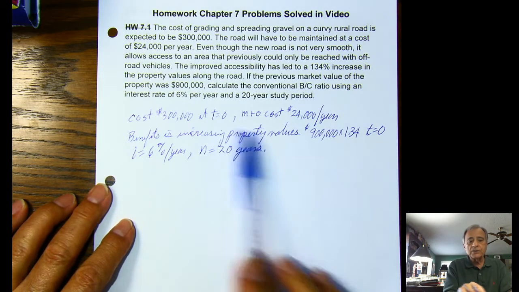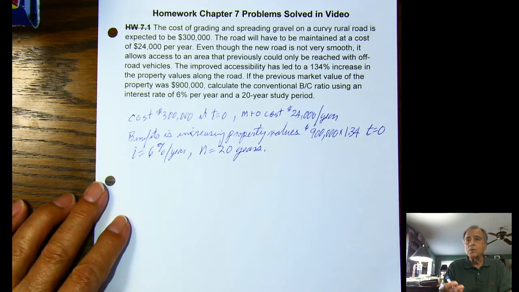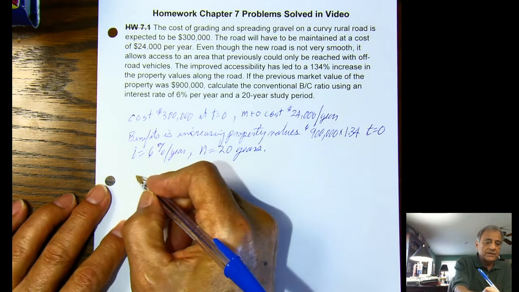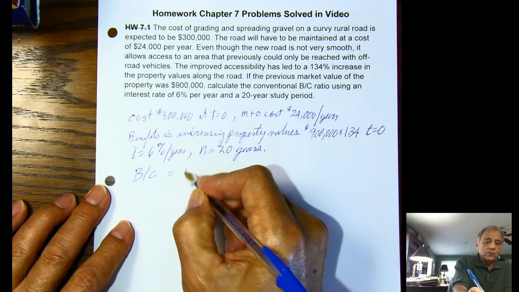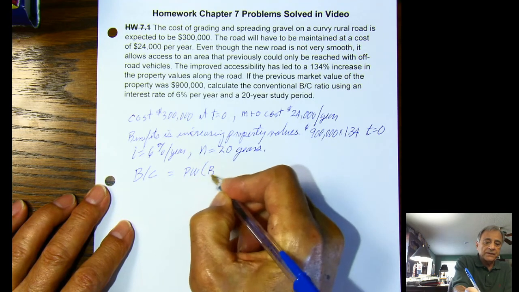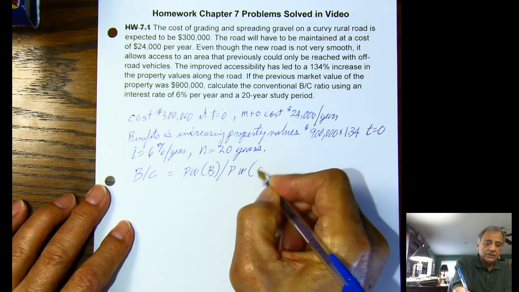And two of those three are present values. So I'm going to use the present worth. So my BC ratio will be equal to the present worth of benefits divided by the present worth of cost.